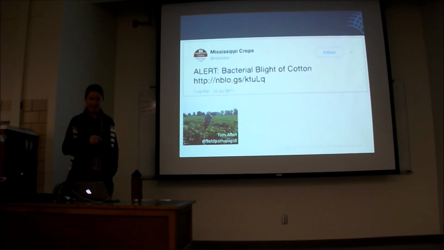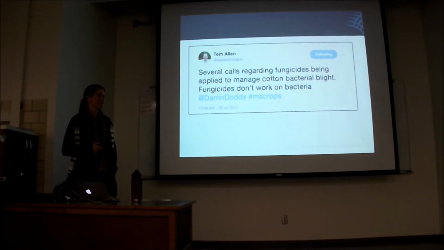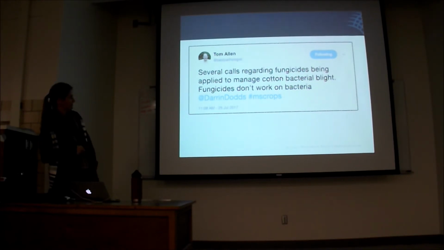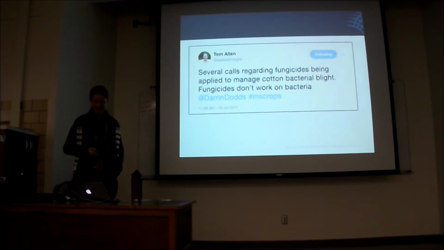I've collaborated pretty closely with Tom since that initial discovery, on the work I'm going to tell you about. It's been fun to follow his moods as this disease has spread. Here's a more recent one from this year, 2017, where he said several calls regarding fungicides being applied to manage cotton bacterial blight. Fungicides don't work on bacteria.